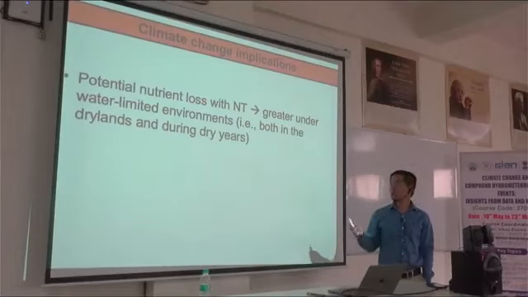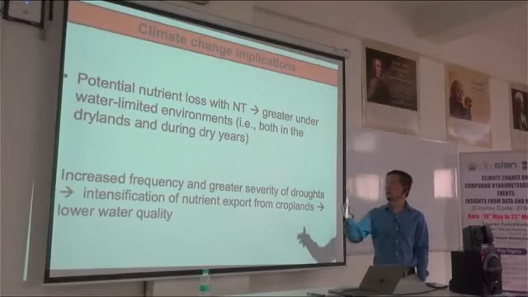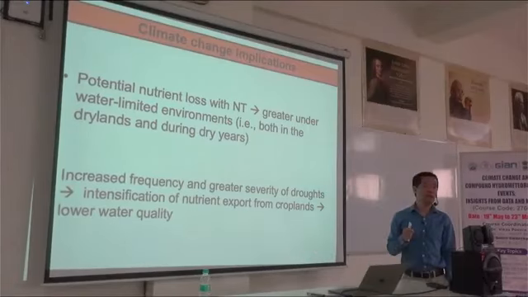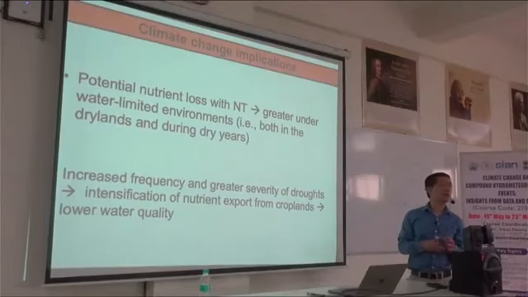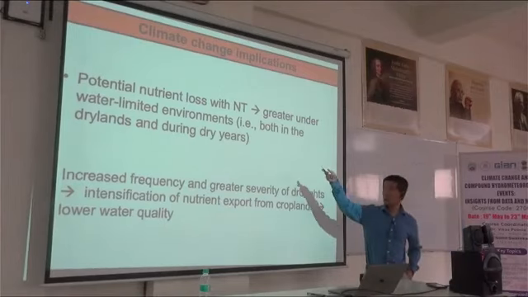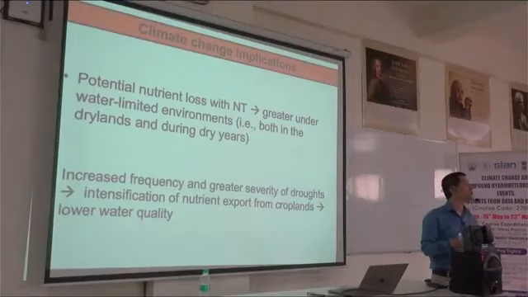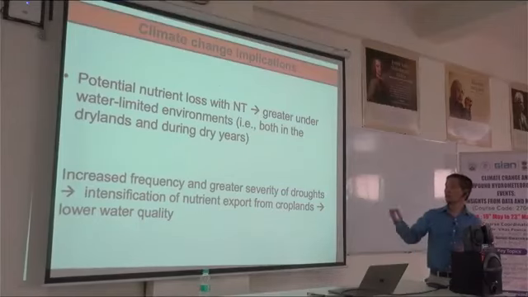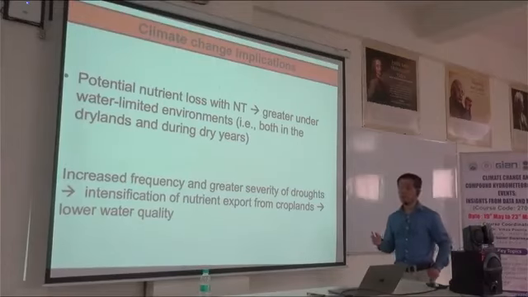The implication is, as we all know, if you think about future climate predictions, a lot of the time the dryland becomes drier, and some other places tend to have a higher frequency of drought conditions. So that means the nutrient loss issue will become more severe in the future. That's basically the implication of such results.